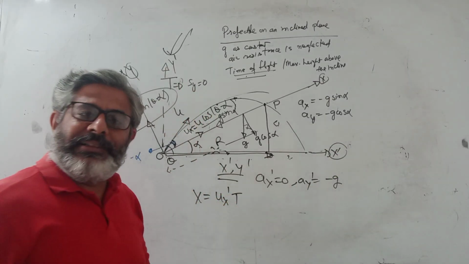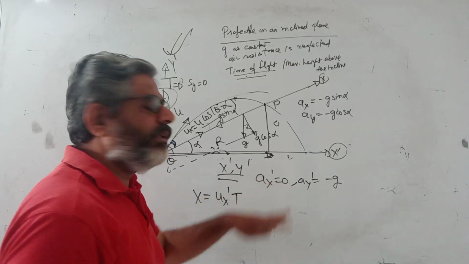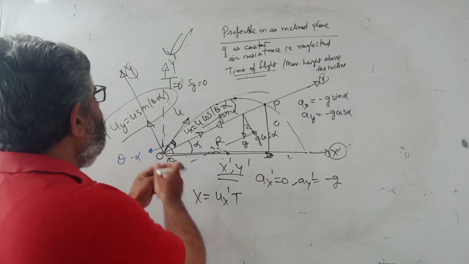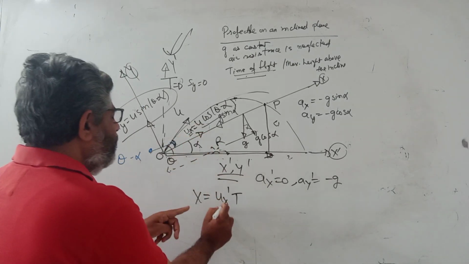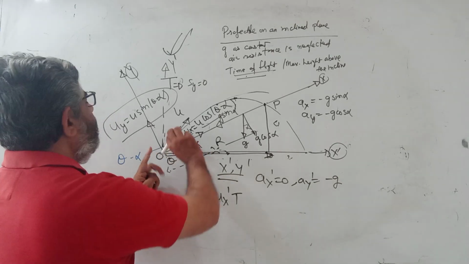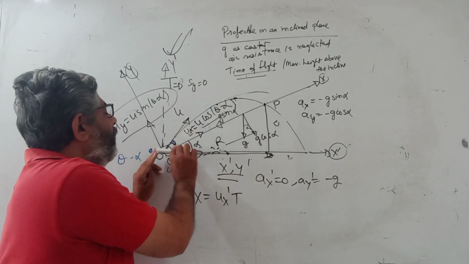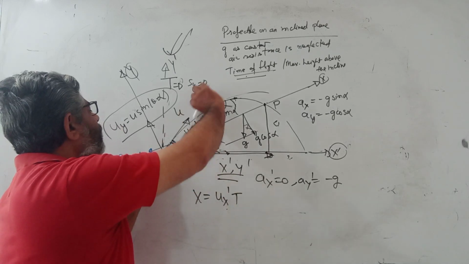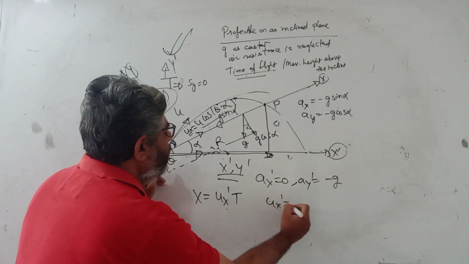So can we treat it as a normal projectile, and in normal projectile acceleration in x direction is 0. So x is only ux into t. So I am writing it as ux dash because ux I already wrote here. Now this ux dash is the component of velocity not along this, but along this. So ux dash is the component of this velocity in this direction, and ux dash is how much, can you tell me?